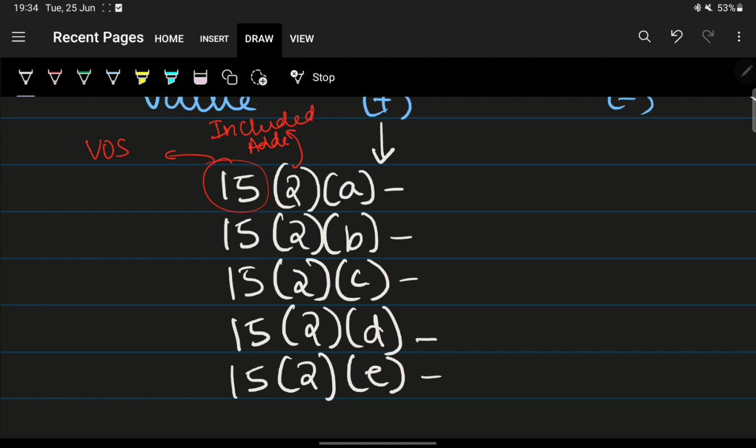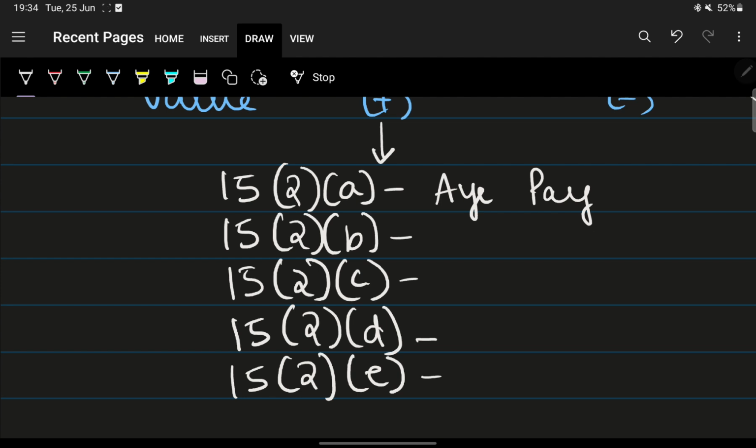How I have remembered this: clause A is like "A, pay your taxes, man." When you're talking about payment of taxes, it means any taxes that are paid or payable other than GST and TCS. A, pay your taxes. Next, B is behalf, on behalf. What are we doing on behalf?